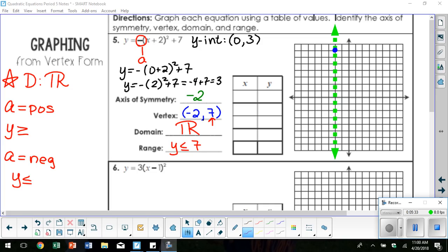Okay, so we're going to graph the y-intercept, so it's 0, 3. So here's the origin, 1, 2, 3. What's the distance from the y-intercept to the axis of symmetry? 2. So 2 that way, go over. There's my mirror image. Connect your dots.